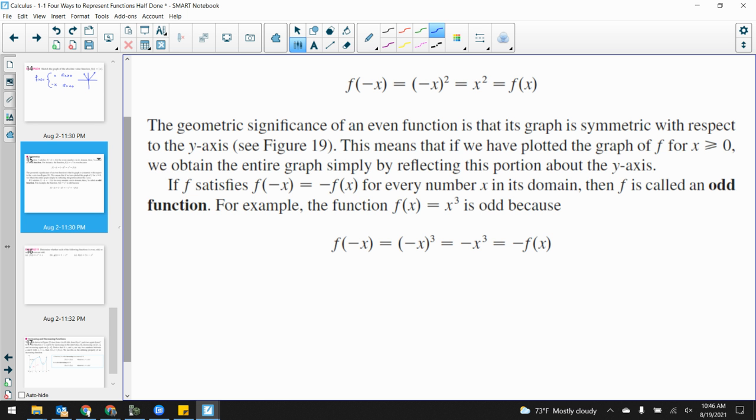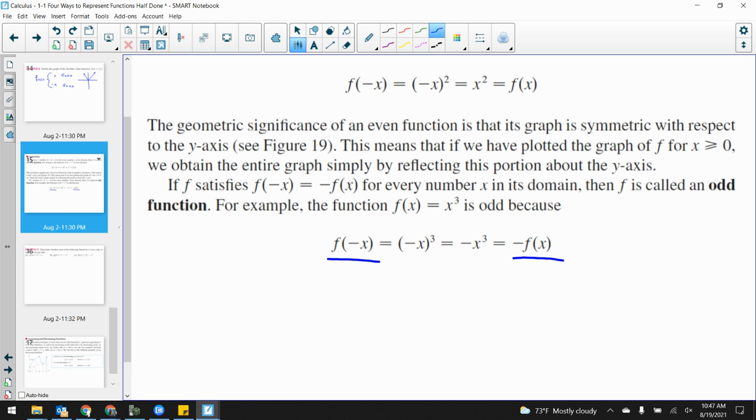Like, if I plug in -x, well, -x to the third power, that negative stays. So this is technically negative x to the third. That negative can come out in front of the function. And isn't that negative f of x? So we just said that f of negative x equals negative f of x. If we can use that rule, then it is odd.